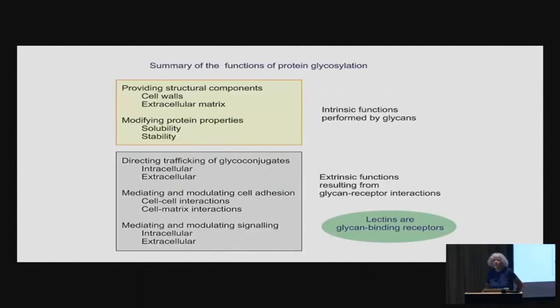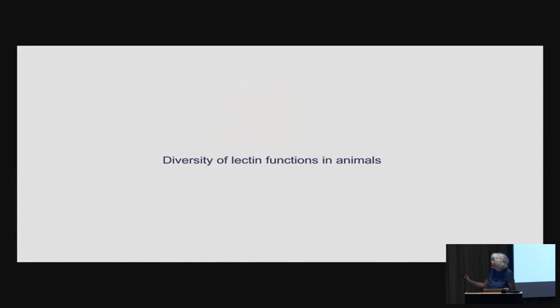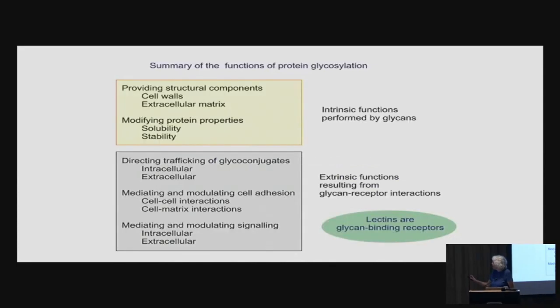Okay, so to start off, I'd like to just think briefly about the functions of the glycans that are attached to proteins and glycolipids. So we know that glycans are structural components of cell walls and extracellular matrix, but they can also modify the proteins to which they're attached.